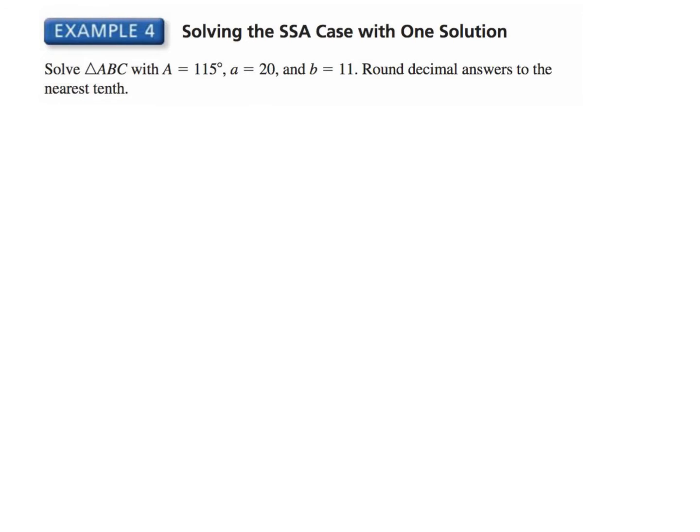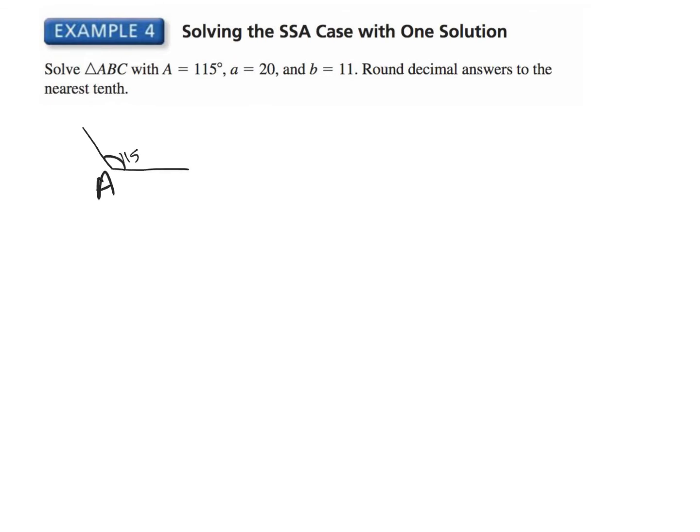So once again, we are going to be using law of sines, and we're first going to need to determine what type of triangle it is first. So let's go ahead and draw a sketch. That's going to help at least me and you guys who are visual learners see what we're doing. So if A is 115 degrees, I'm going to say we're looking at something like this.